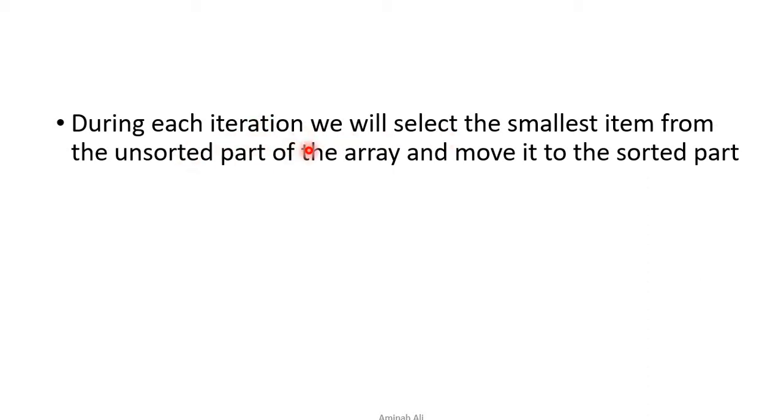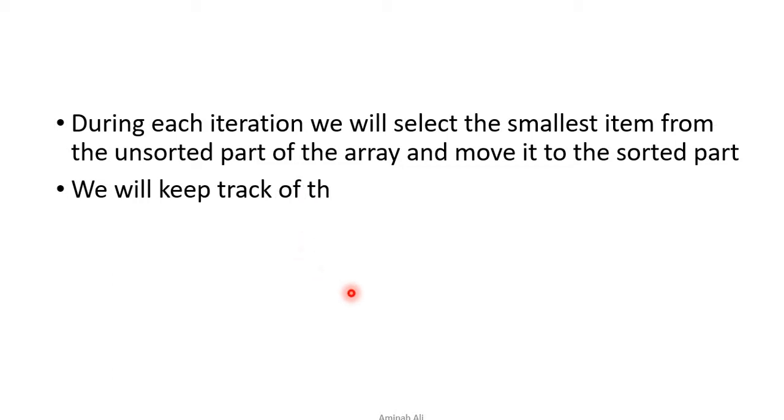During each cycle, when we observe our array, compare the items and move them from one place to another, we select the smallest item from the unsorted part of the array. First of all, we consider that the whole array is unsorted, but as we keep doing iterations, some part of the array gets sorted, and whenever we get the smallest item, we move it to the sorted part of the array.